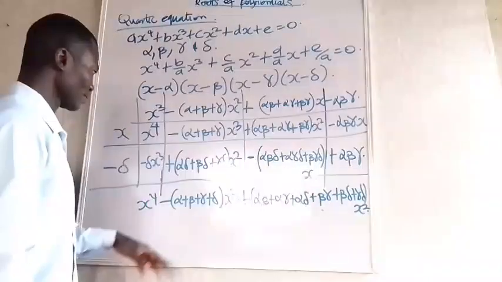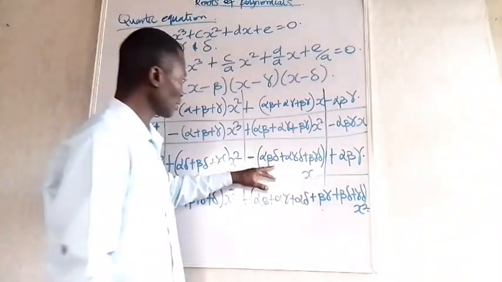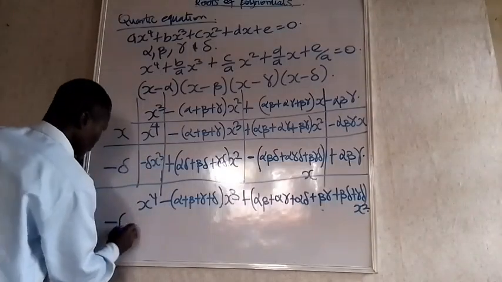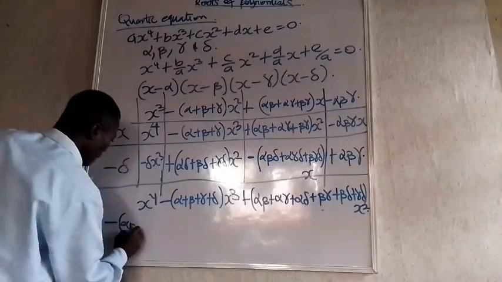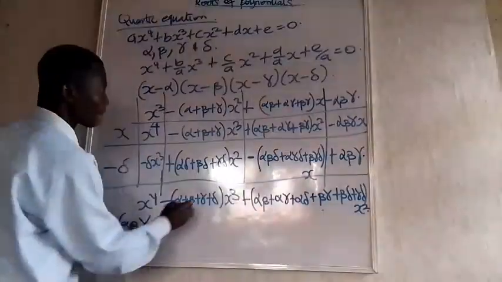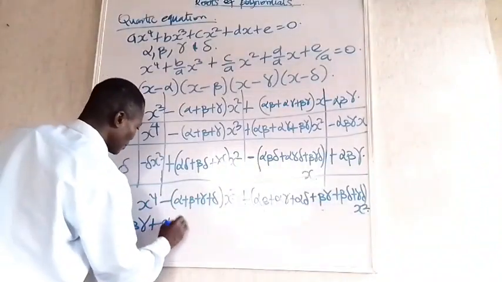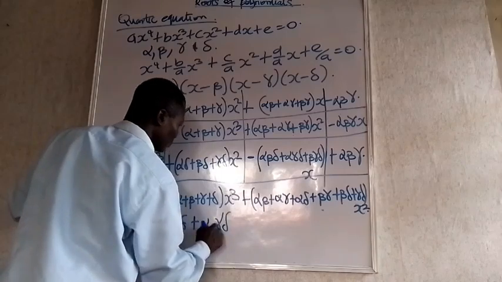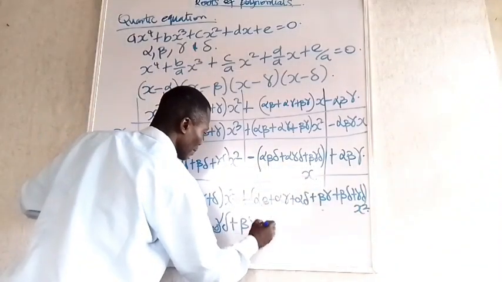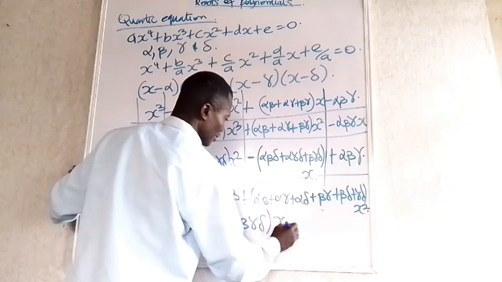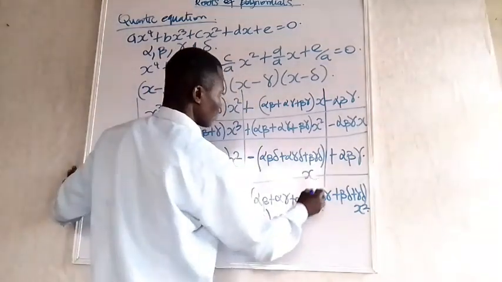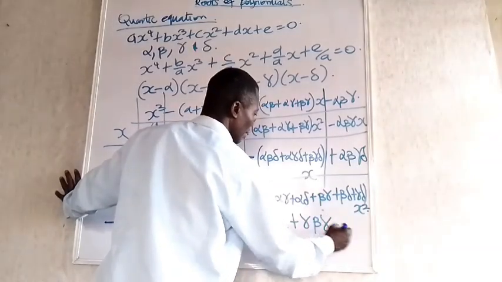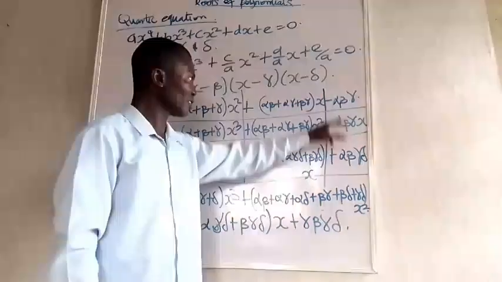This one joins this one and this one will join. So this one is minus alpha beta gamma plus alpha beta delta plus alpha gamma delta plus beta gamma delta x plus alpha beta gamma delta. Please forgive me for that.